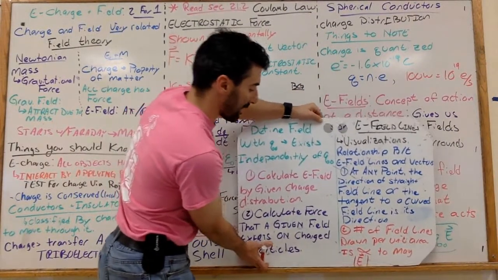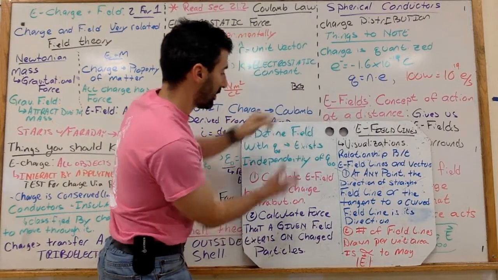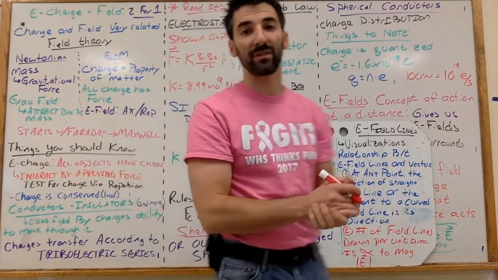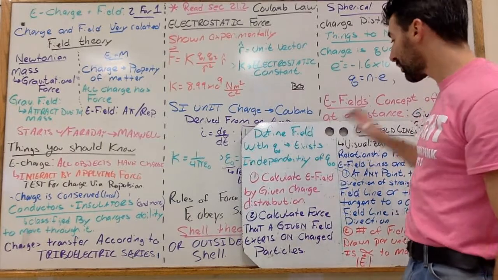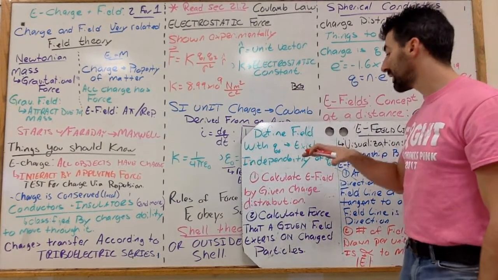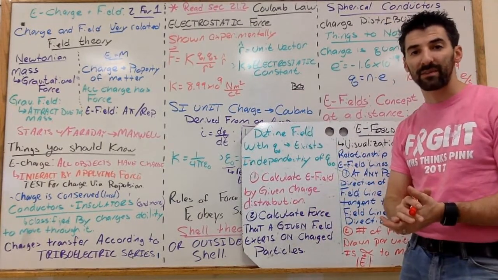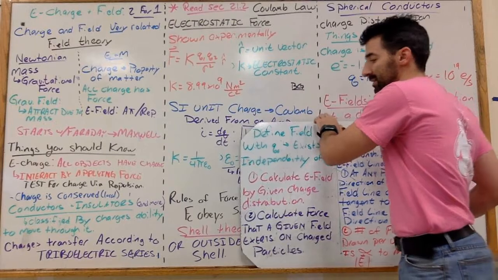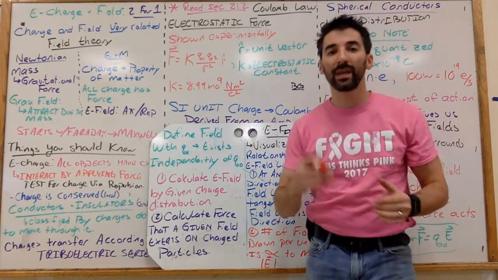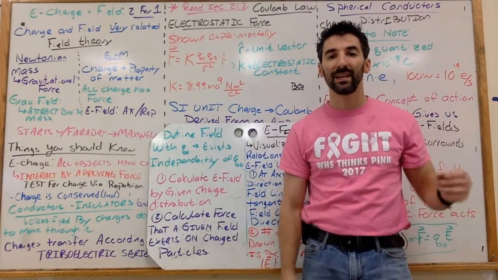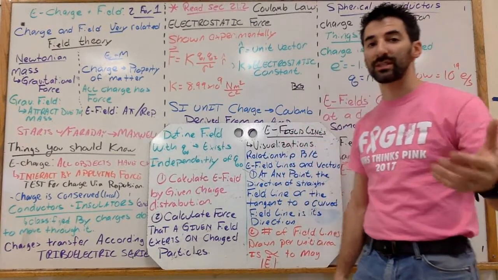We're going to sum things up. I had actually written that down already up here, that the electric field exists no matter what, independently of that test charge. And what are we going to do with that? Well, the electric field can do a couple of things. We can calculate an electric field given any charge distribution.